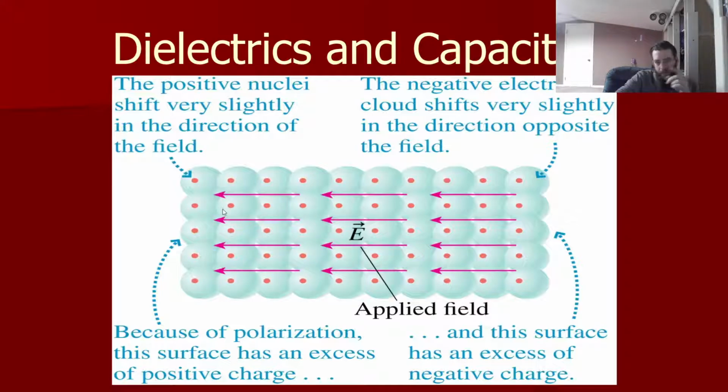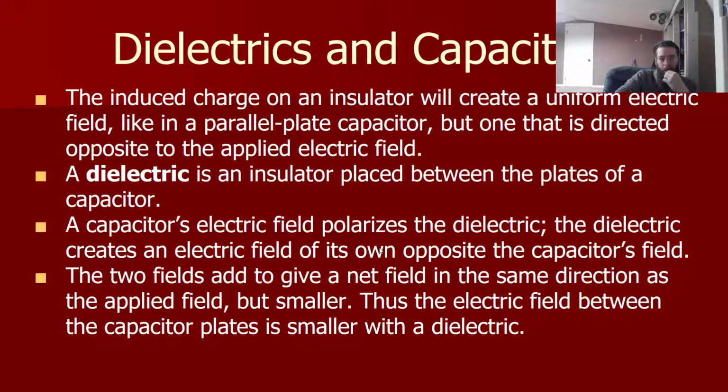So we have the applied field, and so this thing ends up aligning slightly opposite that, right? So it creates a uniform field like in a parallel plate capacitor, but one that's directed opposite, as I said. So a dielectric is anything you place between the two plates that's an insulator. The capacitor's electric field polarizes it, creates its own opposite field. The two fields give a net field in the same direction of the applied field, but smaller, thus the electric field is smaller with the dielectric.